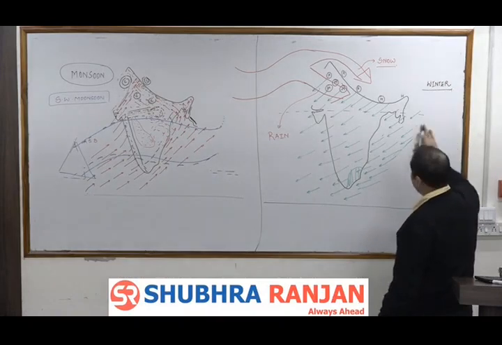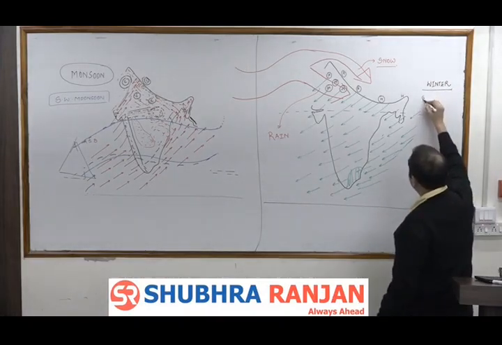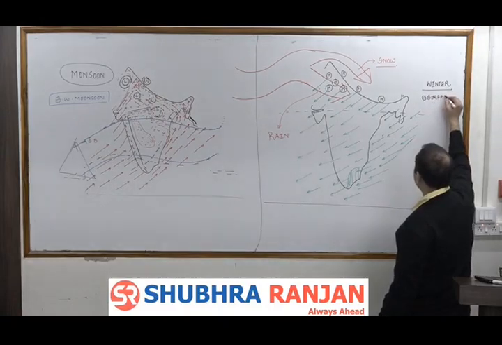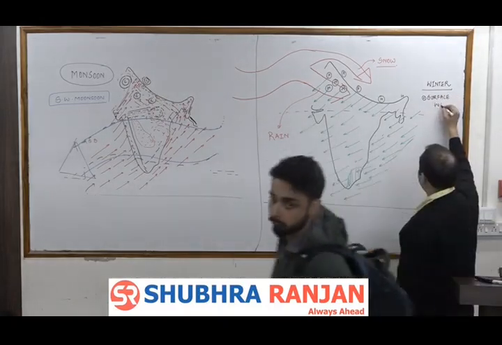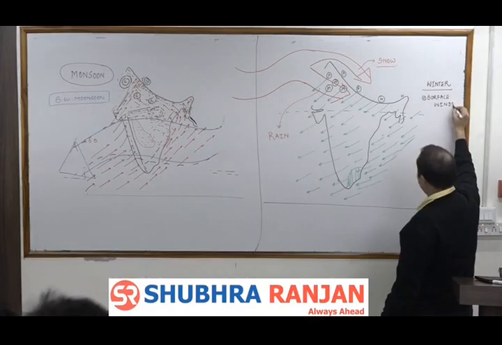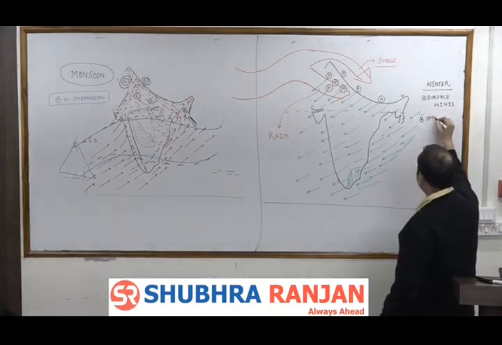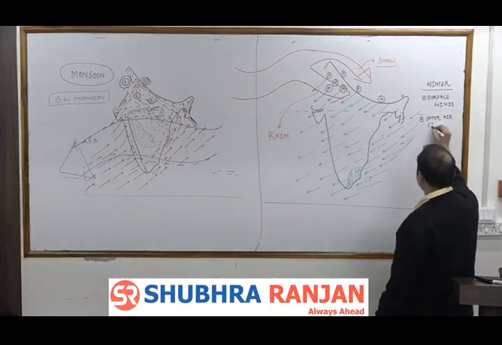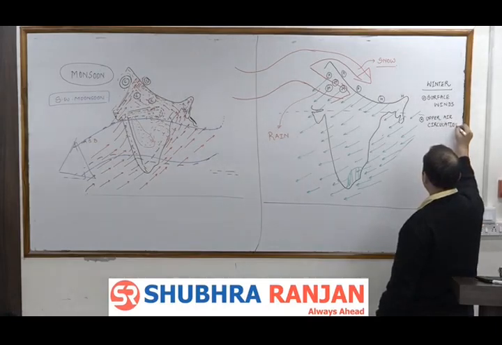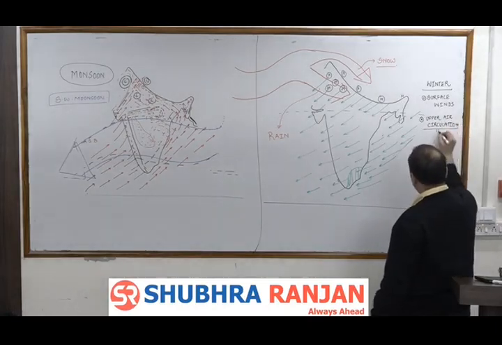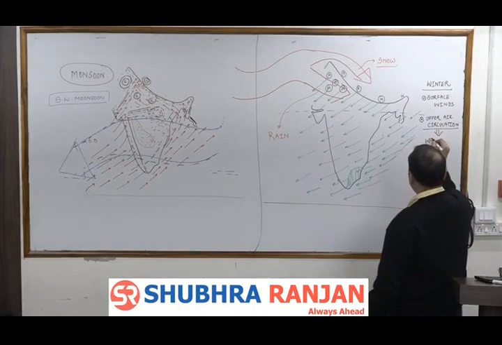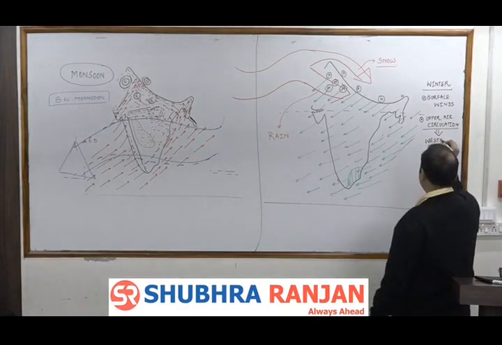So winters में there are two winds, surface winds in the form of northeast monsoon, though we call northeast monsoon as retreating monsoon, and second upper air circulation. We may call it as wind also, or it is generally known as upper air circulation in the form of westerly jet stream.